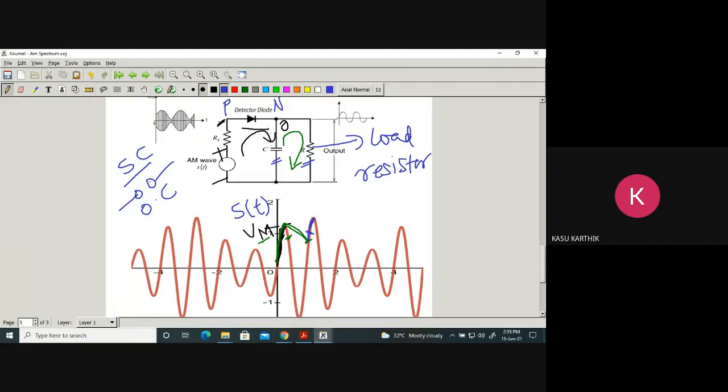It charges up to this portion. Again it is reverse biased. Again the capacitor discharges. Again charges, again discharges. This continues. So this is how you get the envelope from the above circuit. It discharges between positive half cycles.